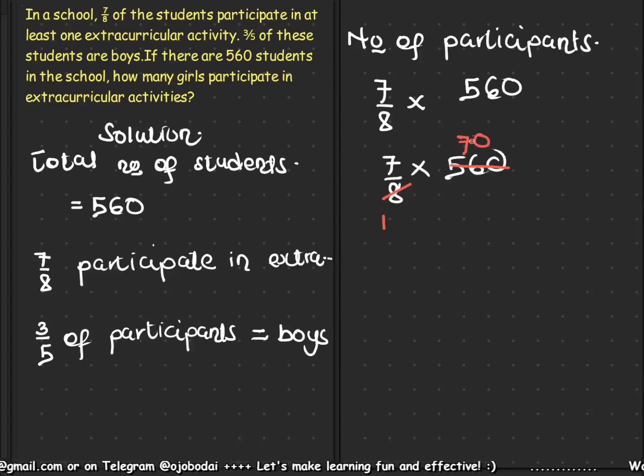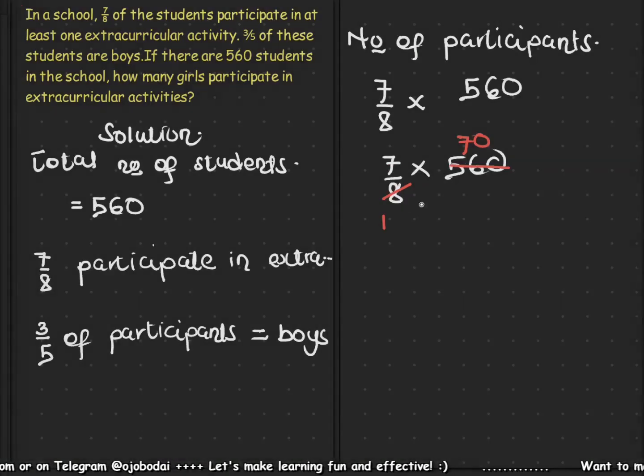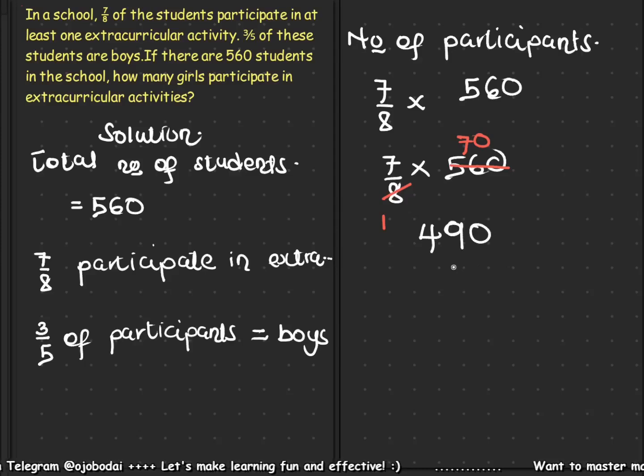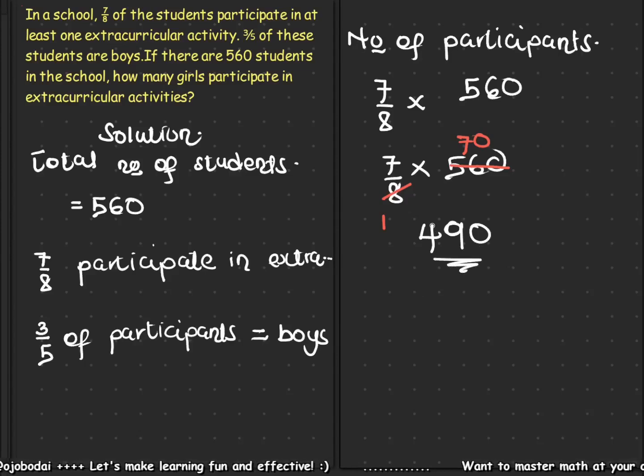They now come to 70 times 7. 7 times 7 alone gives us 49, so we have 490. So the number of participants is actually 490. This means that in the whole school, it is 490 students that participate in extracurricular activities.